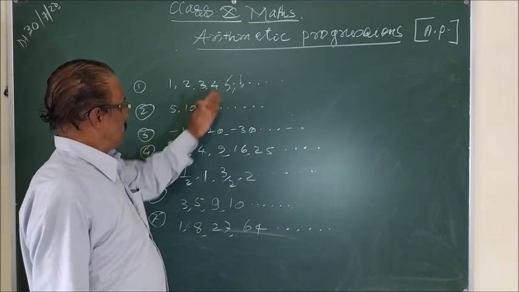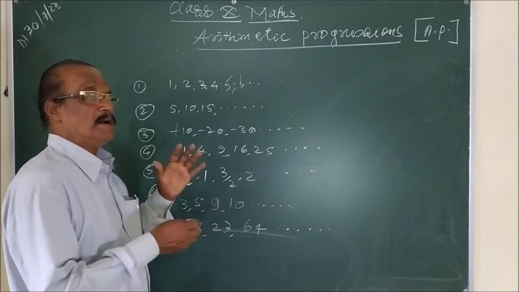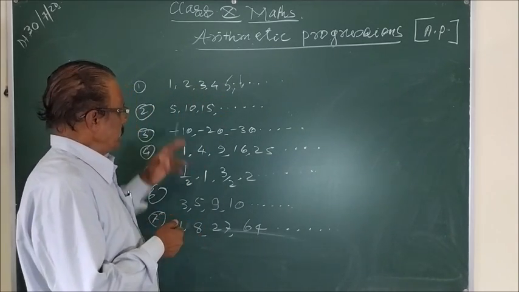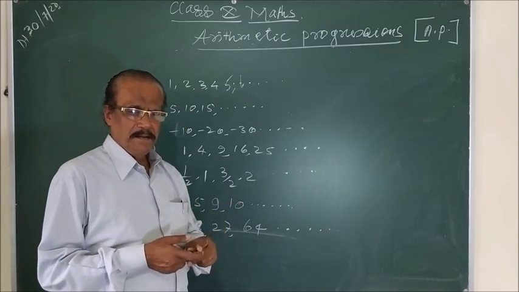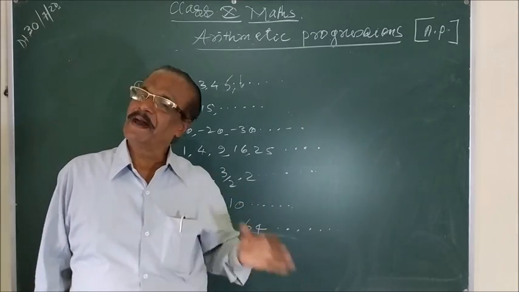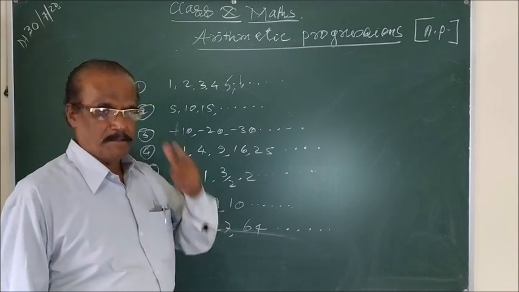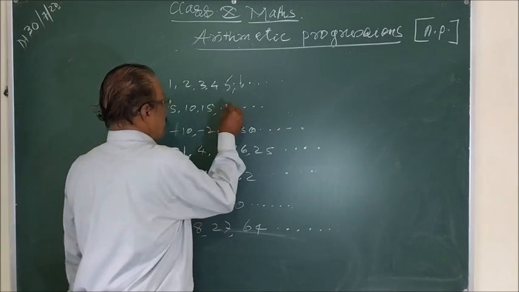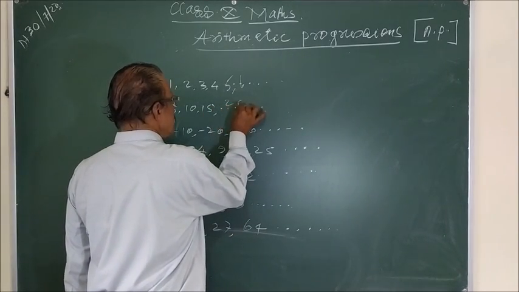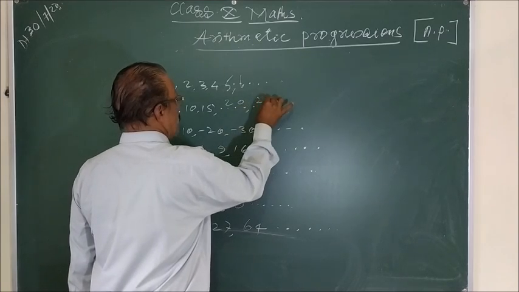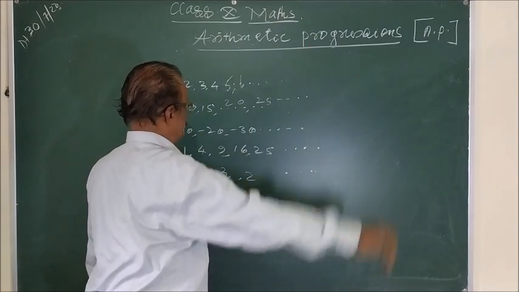So we observe in this example number 2, each term is obtained by adding a fixed number, by adding 5 to the previous number. 15 plus 5, 20. 20 plus 5, 25, like this.